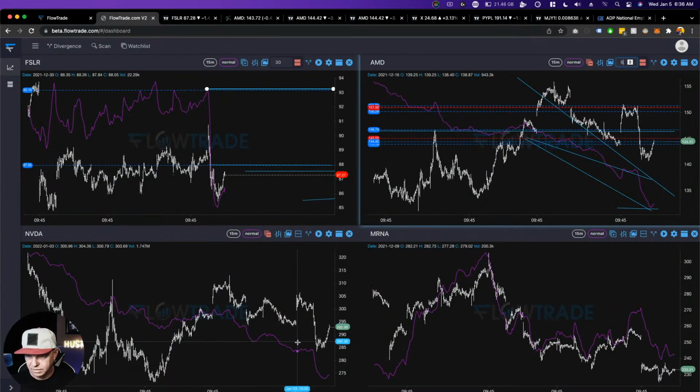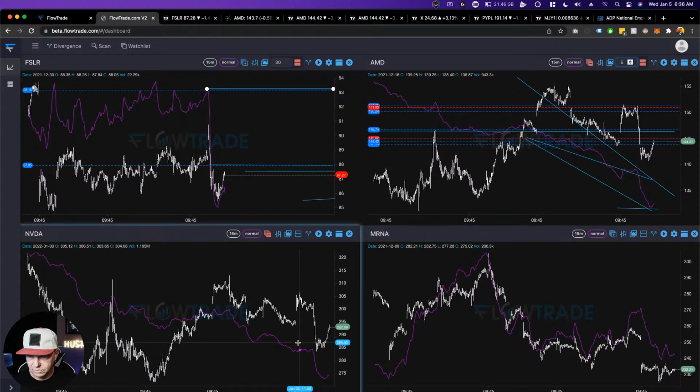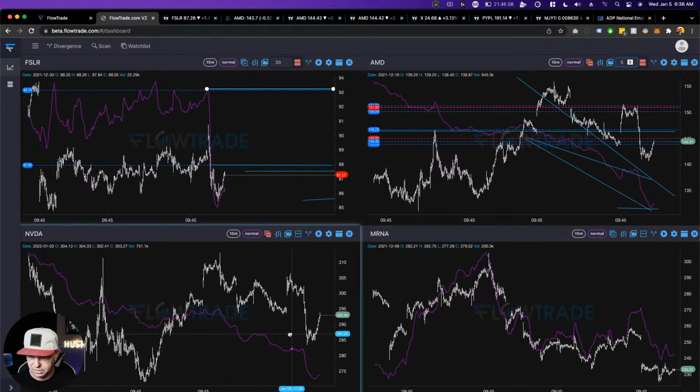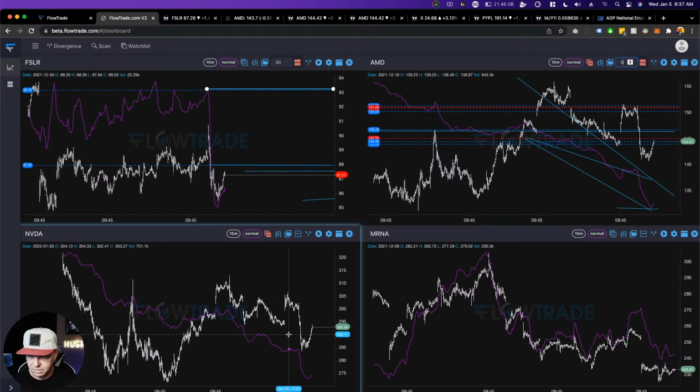NVIDIA, all divergences played out. The algo is trading with price action. And if the algo curls back around, definitely be interested to see what happens.